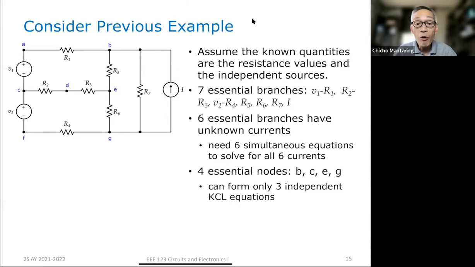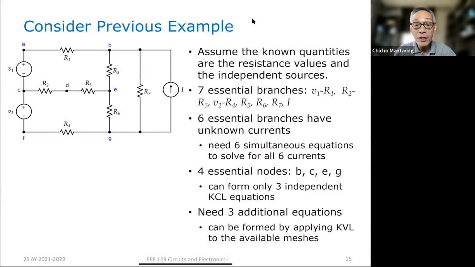But I only have 4 essential nodes: B, C, E, and G. So if I have 4 essential nodes, I can only form 3 KCL equations because the 4th KCL equation can be derived from the other 3. So 6 unknowns, 3 KCL equations. Saan ko kukunin yung 3 equation pa na kailangan ko?